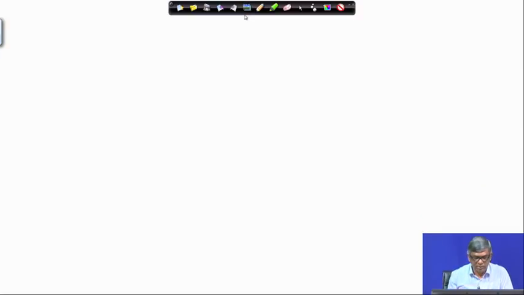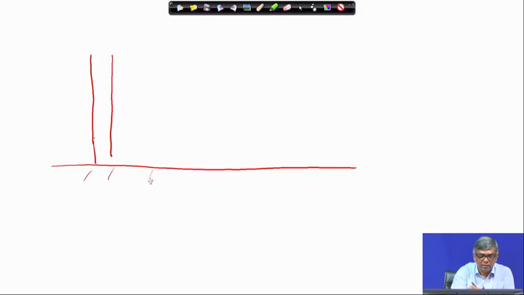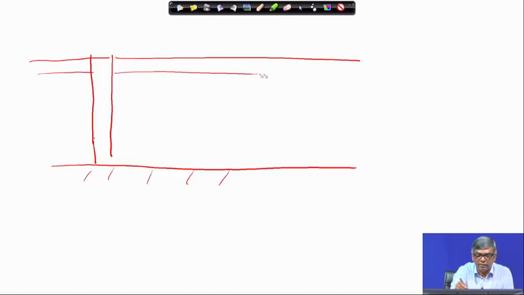So, generally what is the thing we do? Our typical pumping test schematic diagram is something like this. Suppose the pump, and there may be some impervious layer, and this is the ground mark suppose, and the water layer is somewhere here.